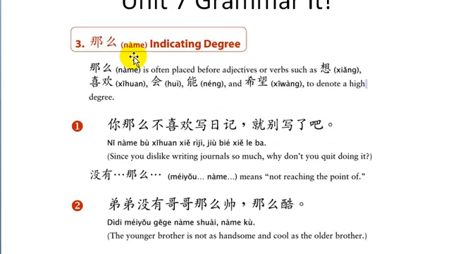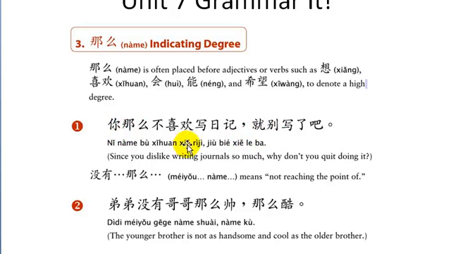Okay, 那么. So here's an explanation of 那么 that we saw. 那么 is often placed before adjectives or verbs such as 想, 喜欢, 会, 能, 希望 to denote a high degree. So let's take a look. 你那么不喜欢写日记，就别写了吧。Okay?